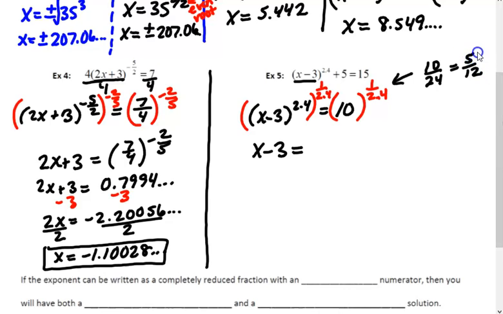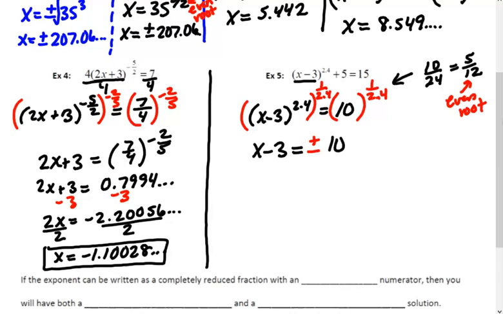So the power is 5. That's an odd power, but it's an even root. So if I have an even root here, that means I have to use plus or minus because I am applying an even root to both sides of an equation when I'm solving. So when I'm solving an equation and I use an even root on both sides of the equation, I have to use plus or minus.